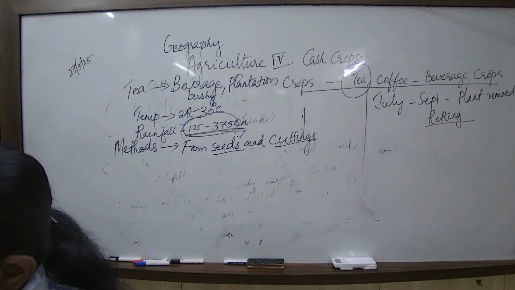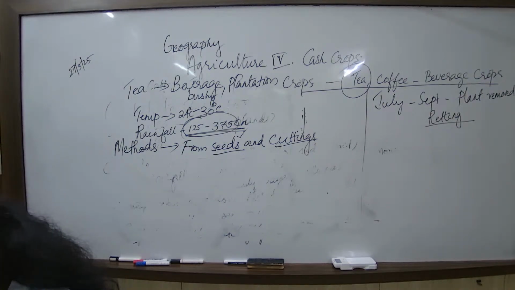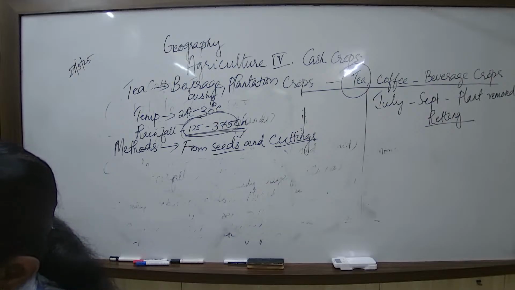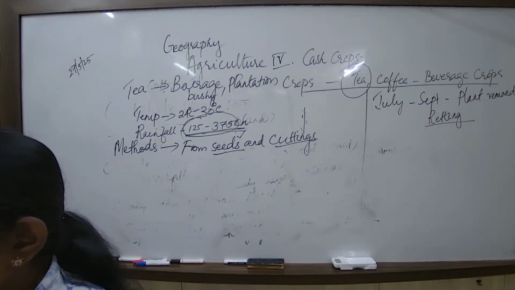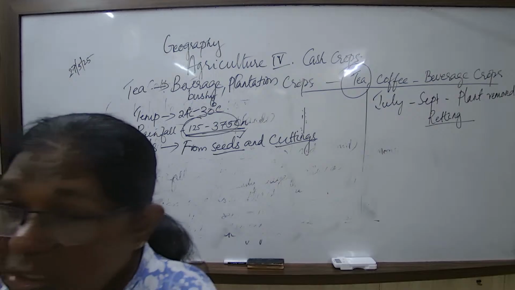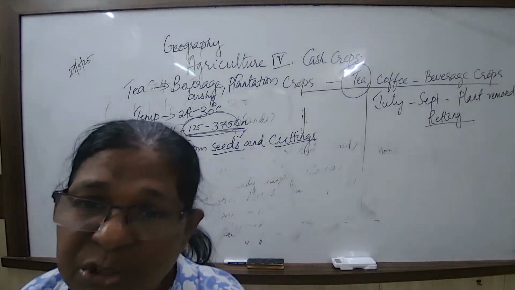Then brick tea. In this variety, the inferior and coarser leaves, stems, and tea dust are compressed into rectangular blocks of brick tea. Such tea is normally consumed in Russia and Tibet. So it is bigger than pieces. We know that sometimes tea leaves as they are are also available.